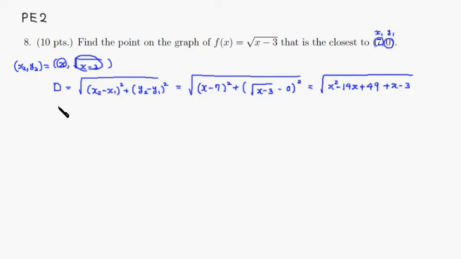Cleaning it up, the distance is a function of x: the square root of x squared, then negative 14x plus x, which is negative 13x, then 49 minus 3, which is 46.